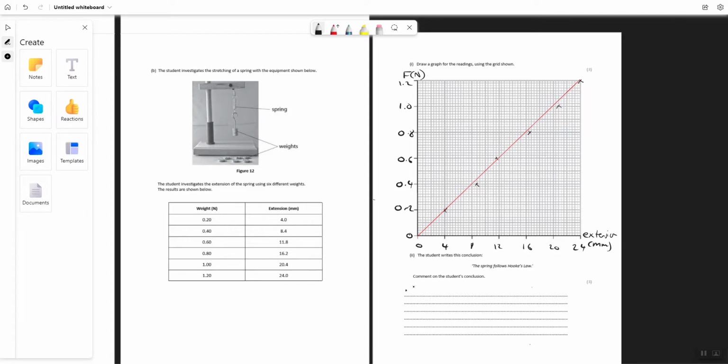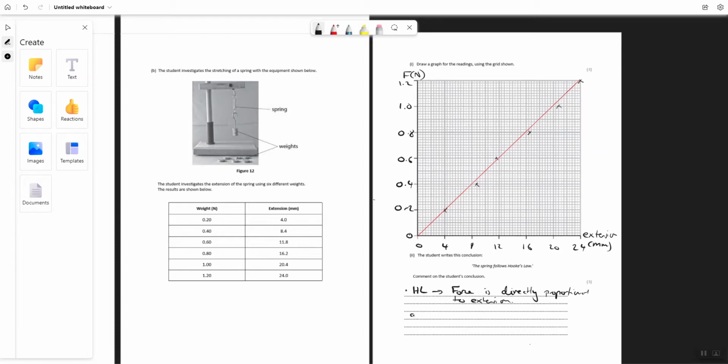The first thing I'd say is, what is Hooke's law? Hooke's law is that force is directly proportional to extension.